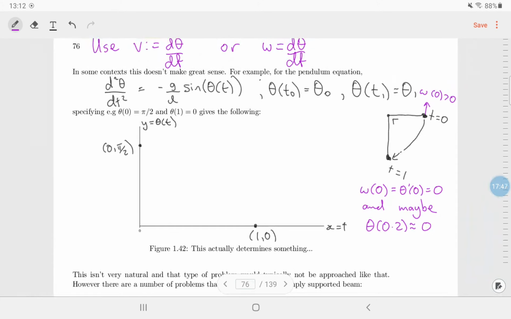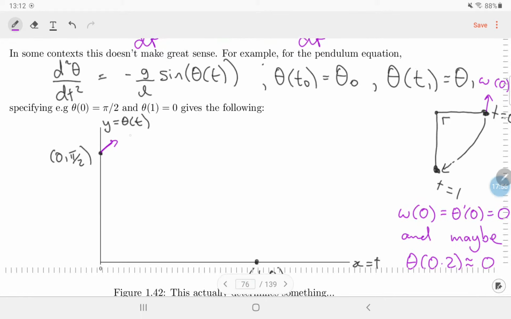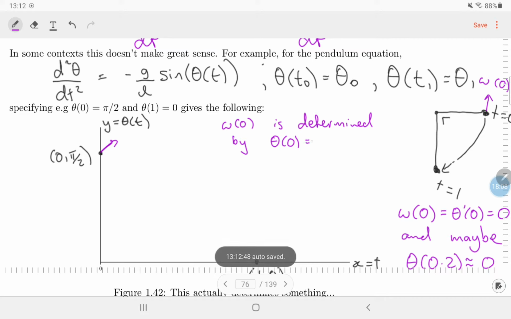So saying that you want this to happen does actually determine something. It determines the initial velocity. So omega 0 is determined by the two conditions, theta of 0 is equal to pi over 2 and theta of 1 is equal to 0.